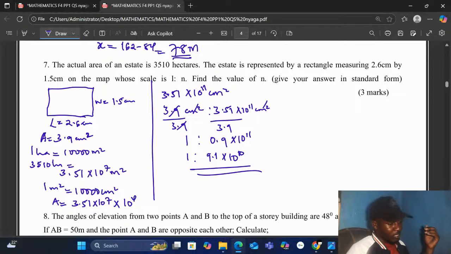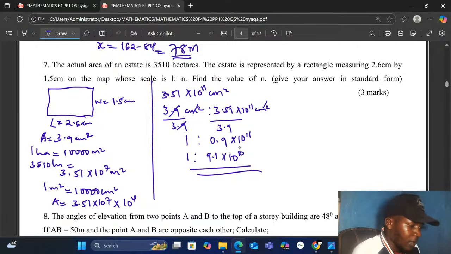It is ratio 1 to 9.1 times 10 power 10. So that becomes our answer.